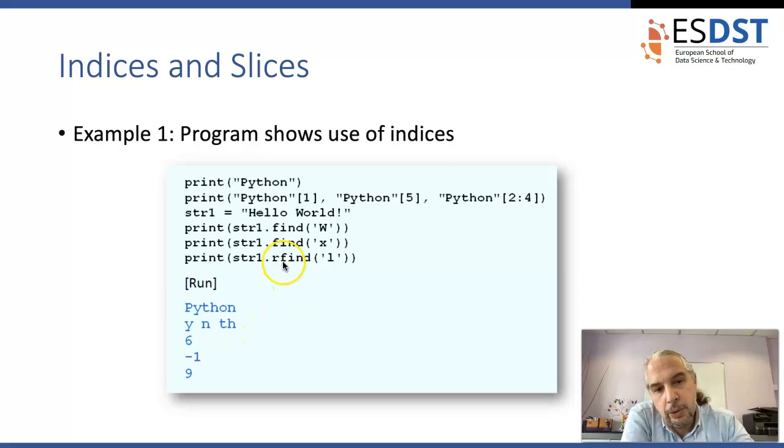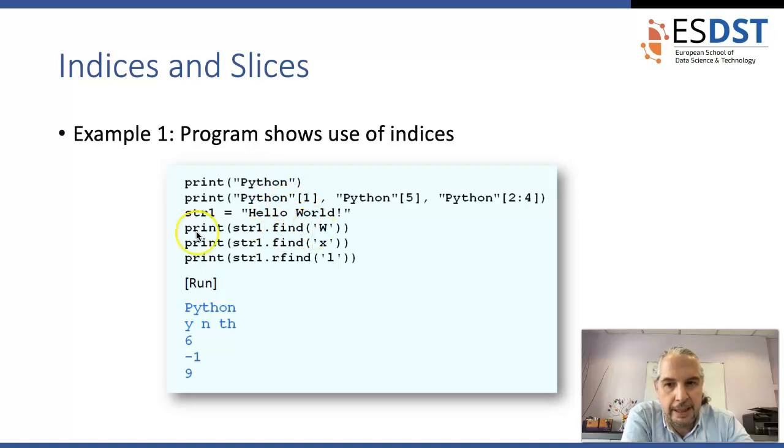Now, another thing that we can do with the strings is that we can find certain characters. So if I say str find W, and that's string 1, it will tell me that W is character 6. So 0, 1, 2, 3, 4, 5, 6.